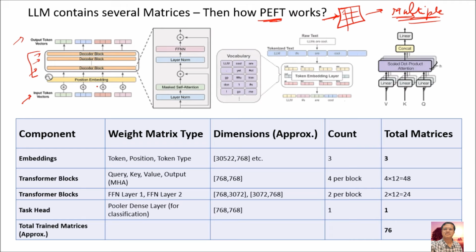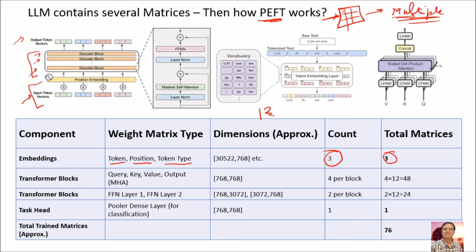In a transformer, the input part contains the embedding, and the embedding contains three parts: token, position and token type, because a token may be a string, a number or anything. Token type is also very important, and sometimes there are start tokens and other things. So for the embedding part itself, we manage three different matrices.